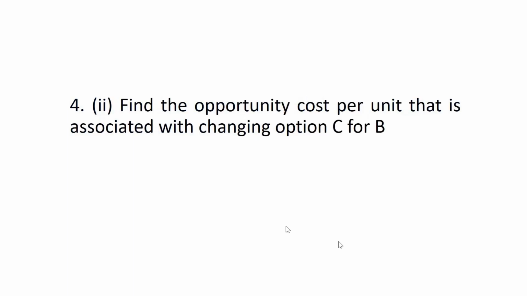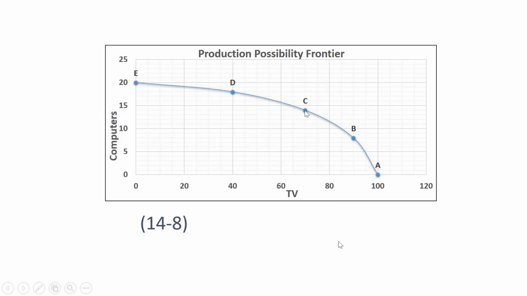Now, we want to spread this opportunity cost per unit of the output. We decide to move from C to B. How do we see? We are losing these quantities of computers, and we have to spread it over the gains that we are going to make in TV. So we are at 70, we move to 90, so the difference is the gain for TV. We are at 14, we come to 8, the difference is the loss in computers.